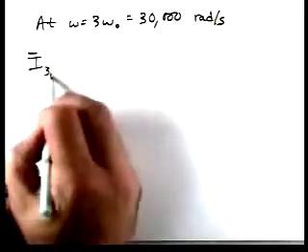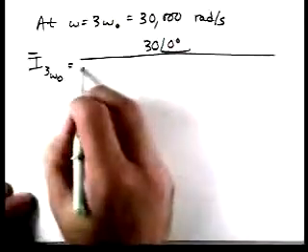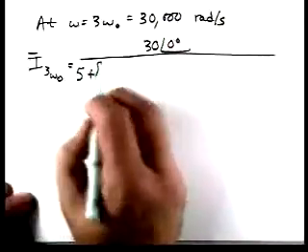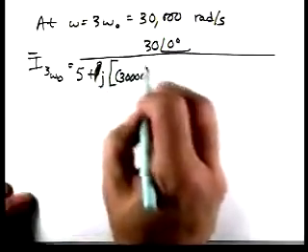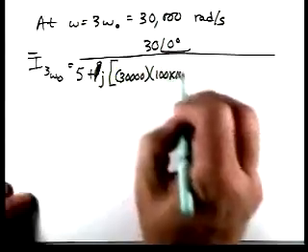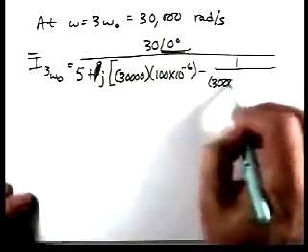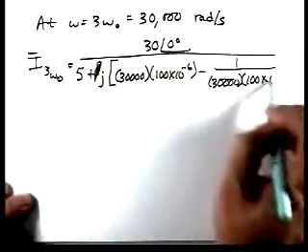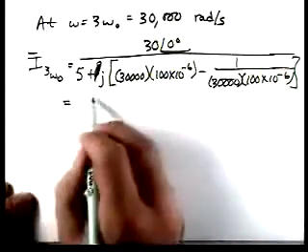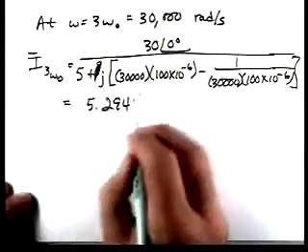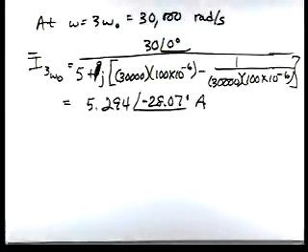So I of 3 omega naught then is 30 at an angle of 0 divided by 5 plus J times 30,000 times L minus 1 over 30,000 times C. So now we have 5.294 at an angle of minus 28.07 degrees amps.